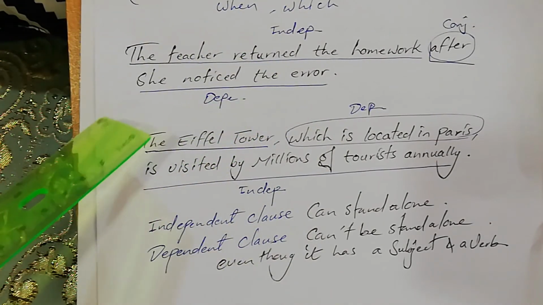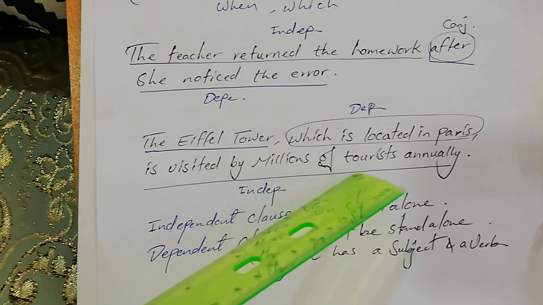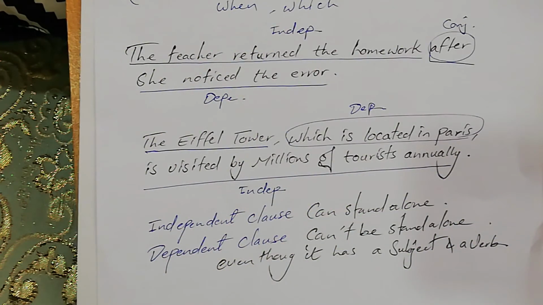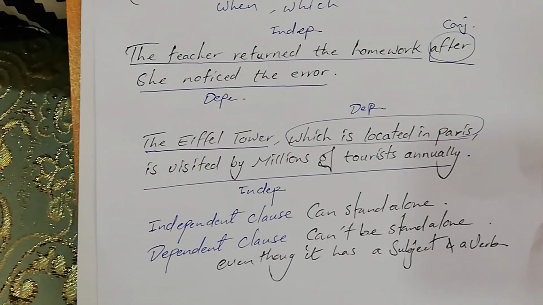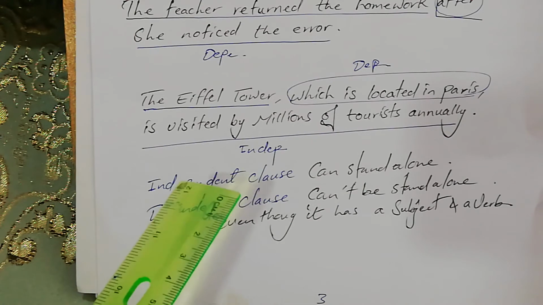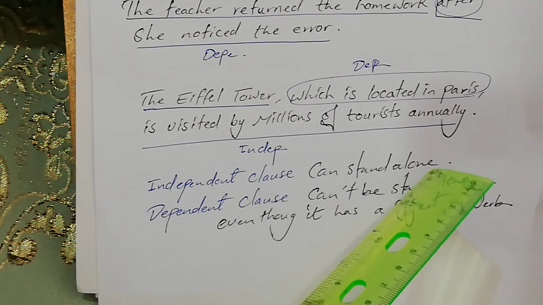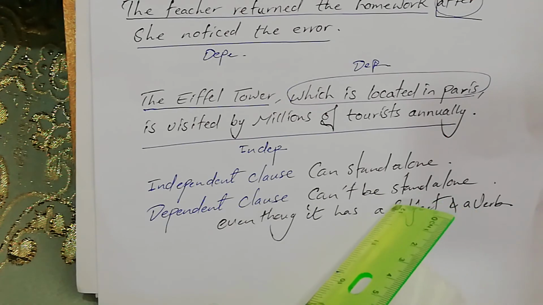Here the Eiffel Tower is visited by millions of tourists annually is the independent clause, and which is located in Paris is the dependent. Here I wrote for you: an independent clause can stand alone, whereas a dependent clause cannot stand alone, even though it has a subject and a verb.